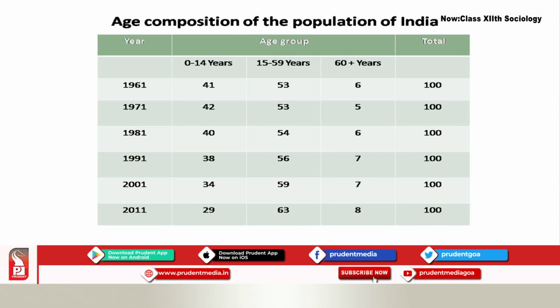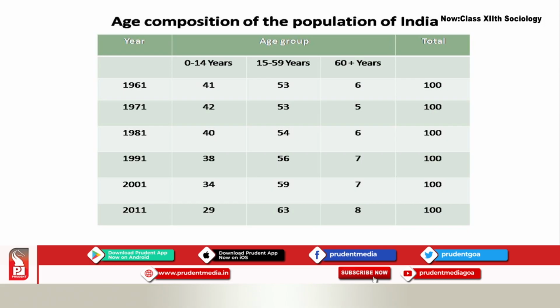Further, if we see 1971, here it is 42%, there is not much change. 42% of population falls under this particular age group, that is up to 14 years, and 53 remains the same. Again 53% in the year 1971 are in the 15 to 59 age group.